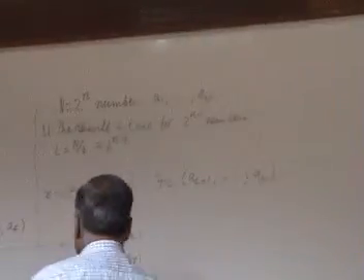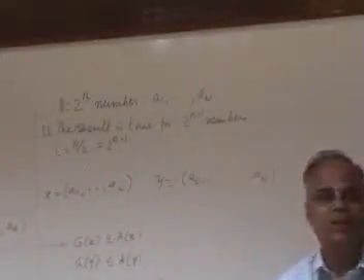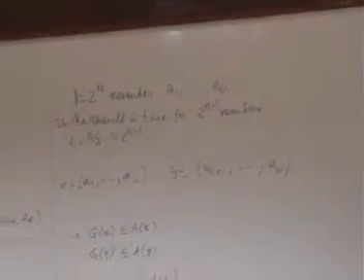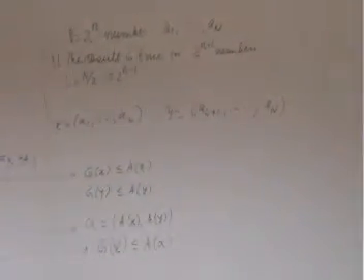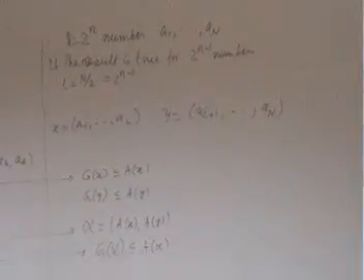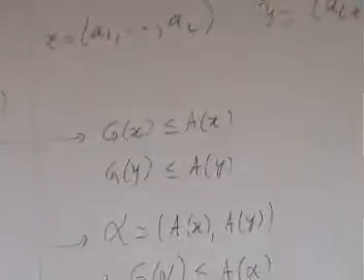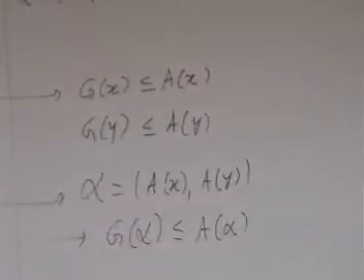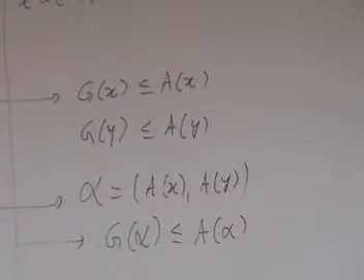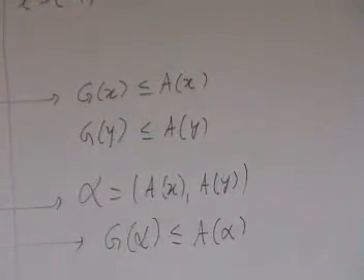This result is true because the inequality is true for 2 numbers. Now simply, A alpha is exactly equal to AA, and this inequality becomes G alpha less than or equal to AA, and this result gives me square root of GX GY is less than or equal to G alpha.